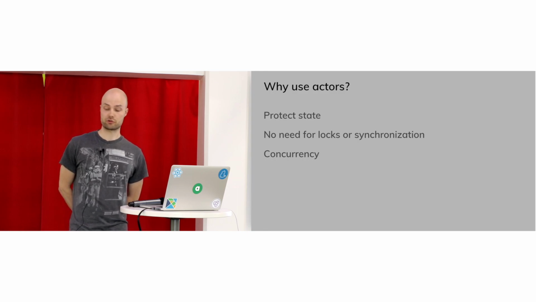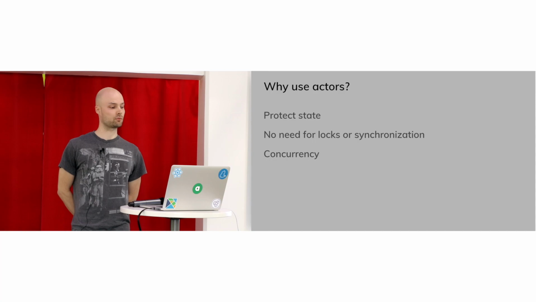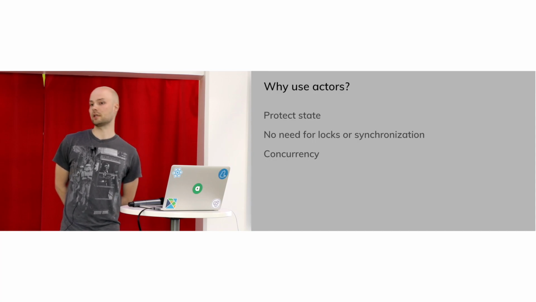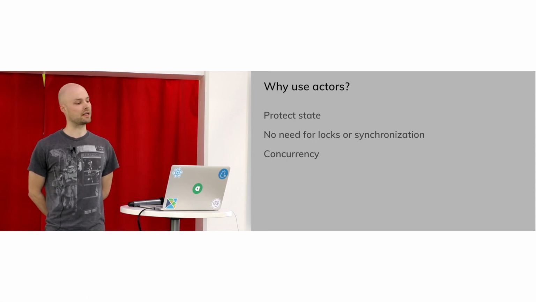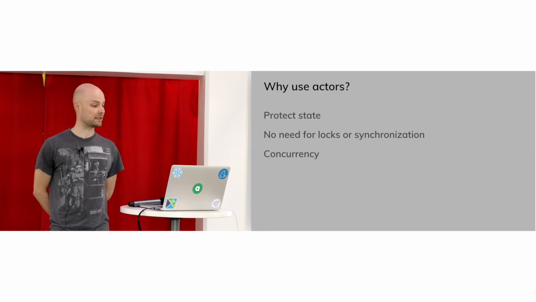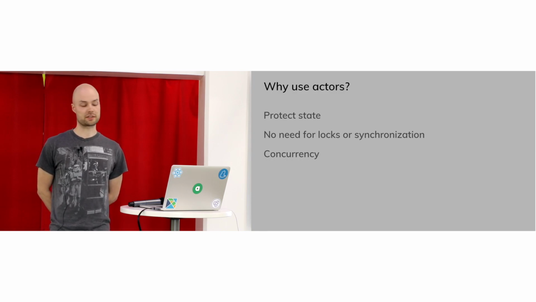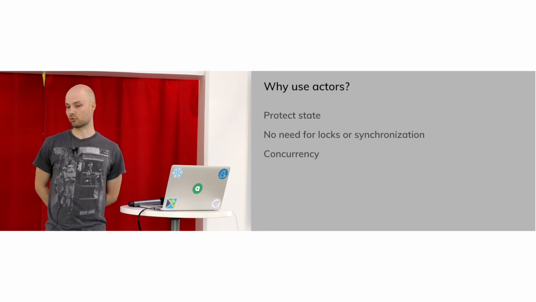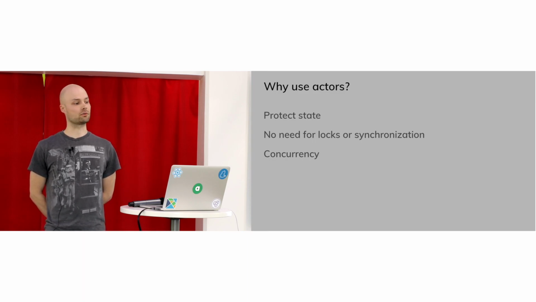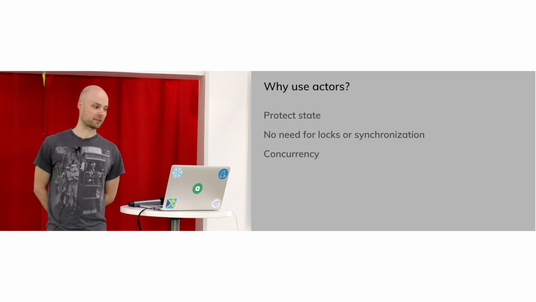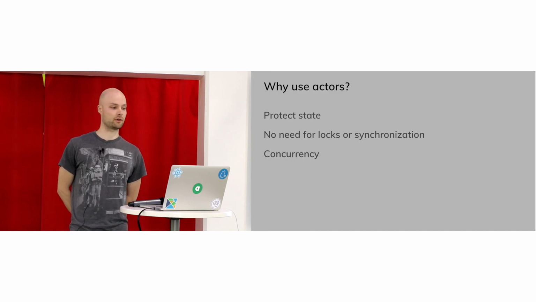Also, this means that actor systems protect their whole state quite well. Concurrency: since actors are so atomic, they don't share memory, they don't share anything with each other. They share state only by message passing. They can run concurrently, so two or more actors can execute code at the same time in whichever order, doesn't matter.